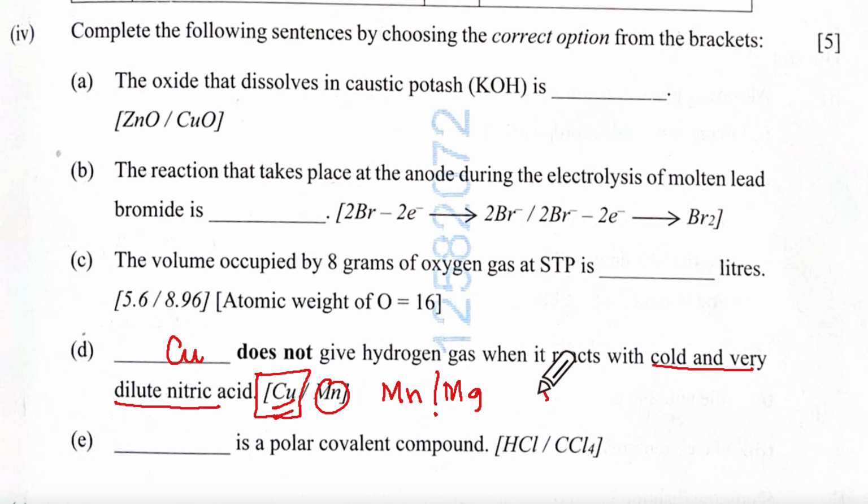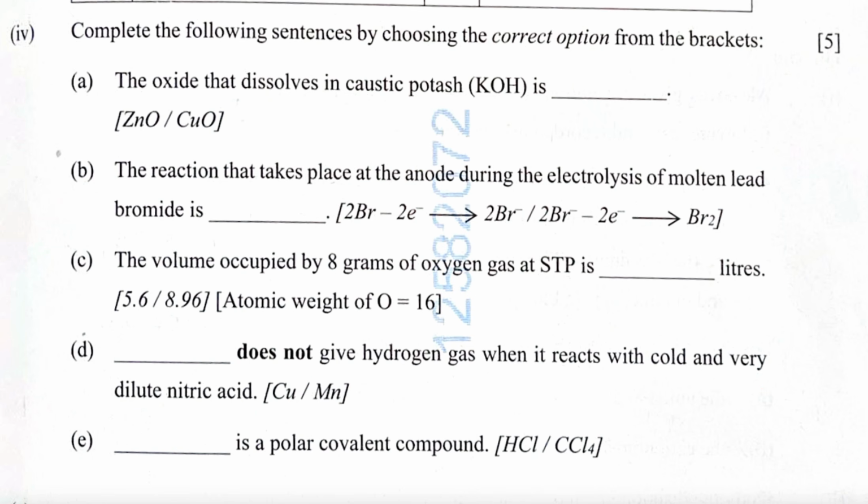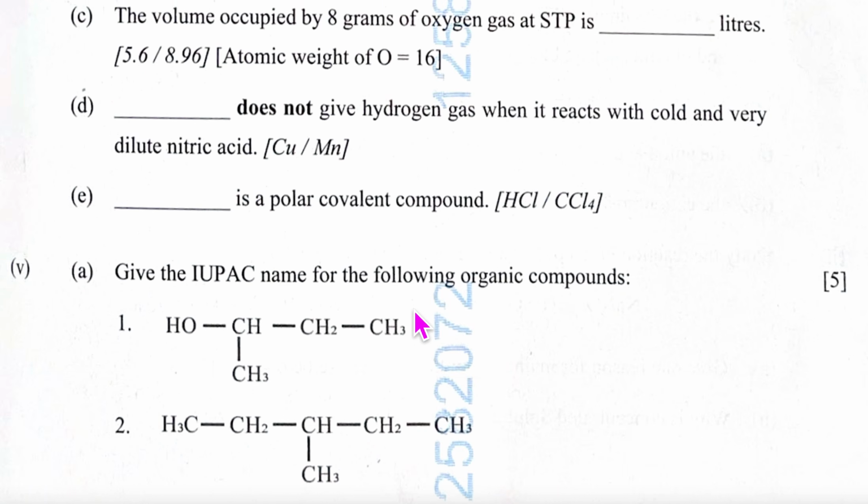Unless you say D and you'll say Cu and write over there copper. Okay, you could write this way also, preferably this way. Dash is a polar covalent compound. This is the non-polar one, this is the polar one, so this will be HCl. Now quickly you must write down your estimated marks in the comments as I'm solving this.